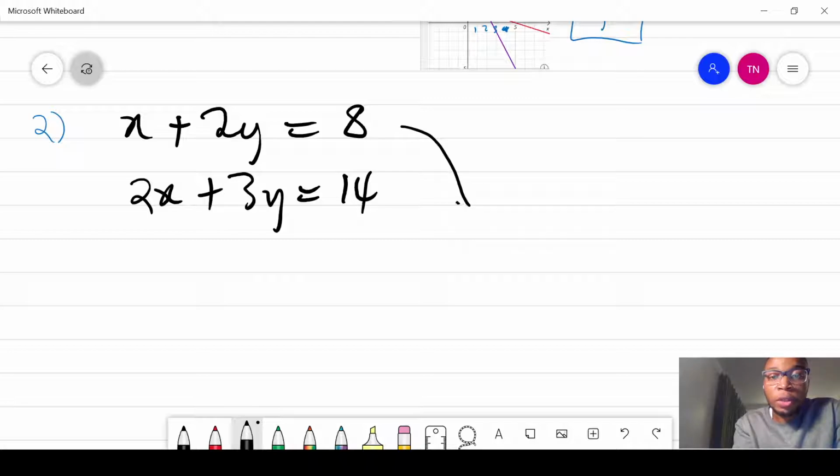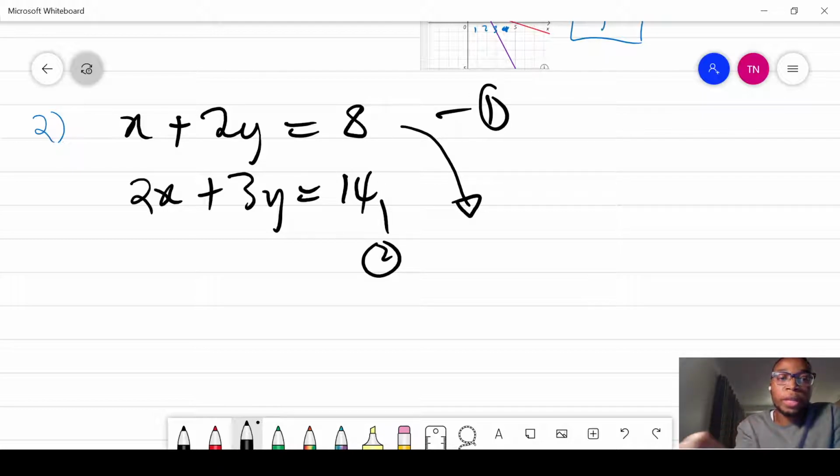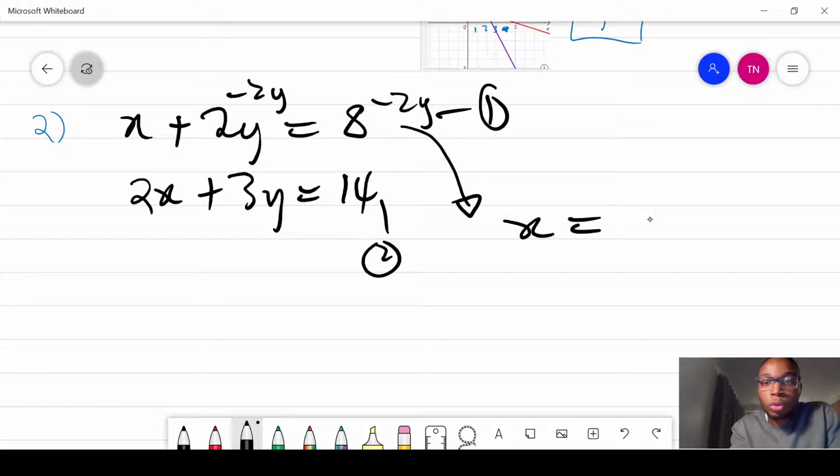So on substitution, we take this equation and we're going to make x subject of the formula. That is equation 1, and this is equation 2. When we make x subject of the formula in that equation, we subtract 2y this side and subtract 2y this side. So x is now equal to 8 minus 2y.